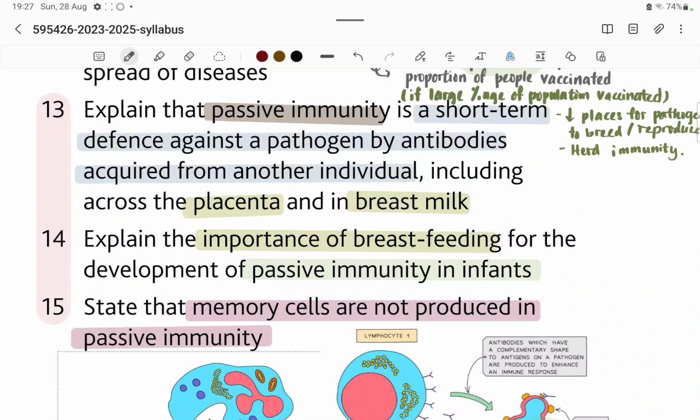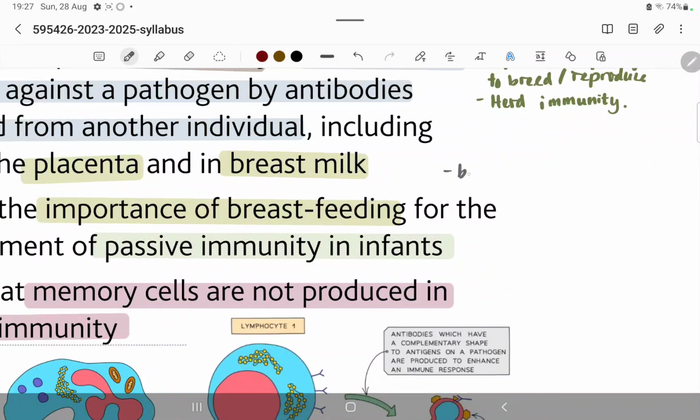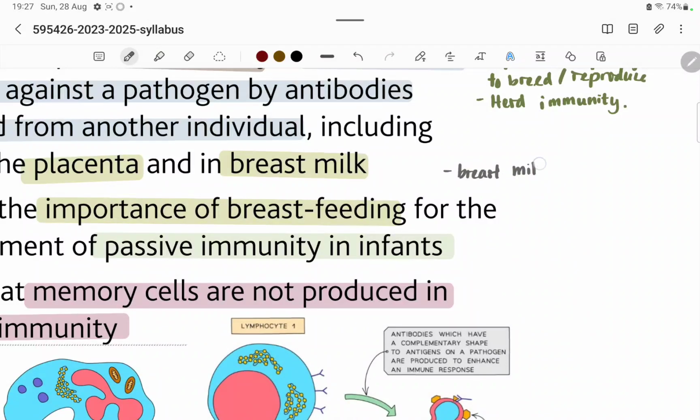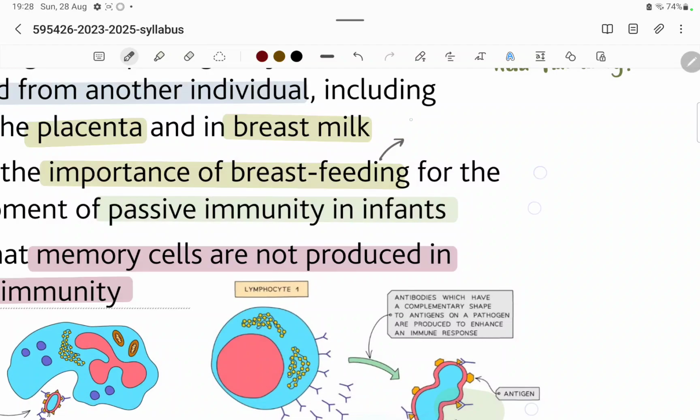If they ask you to explain the importance of breastfeeding for passive immunity, the first point is breast milk contains antibodies from the mother.